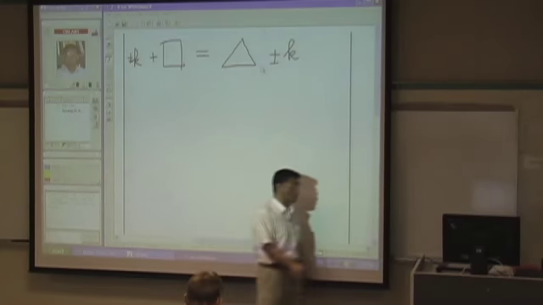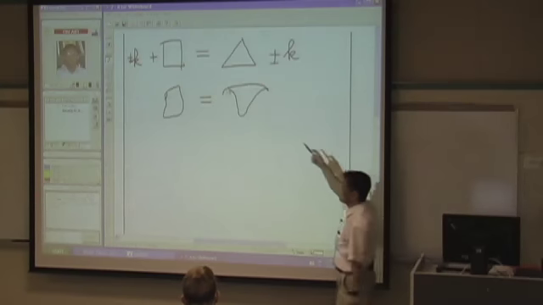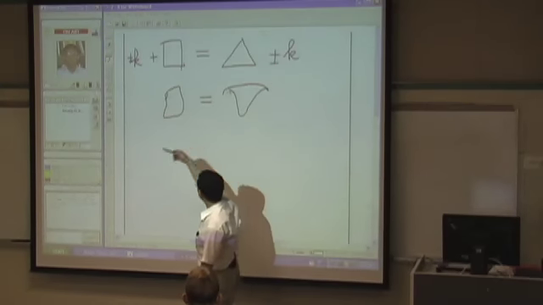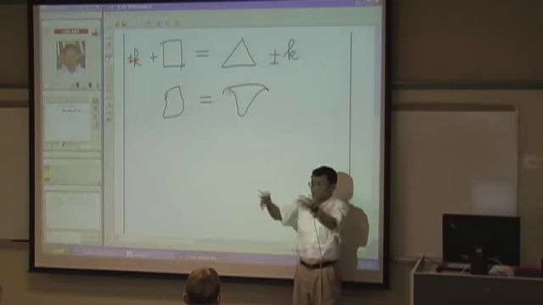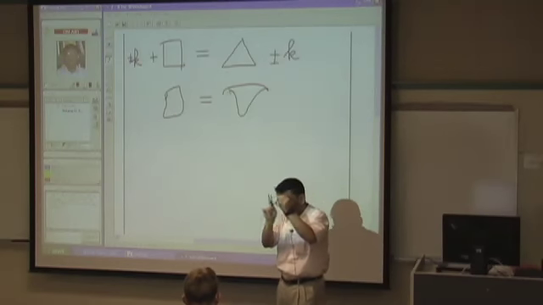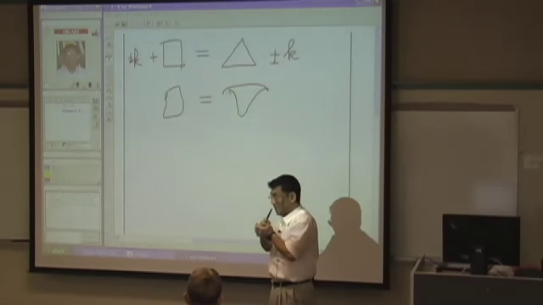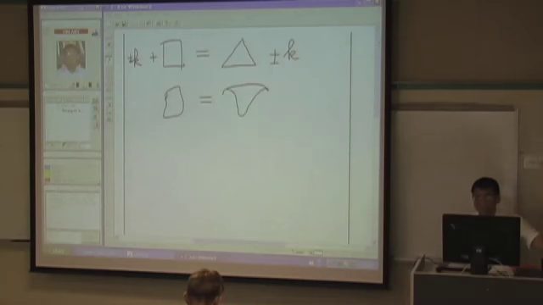And assume that we have two equalities. Then we can do anything to the top and anything to the bottom. Add, subtract. As long as we have the equality, we can do the same thing to both sides, because they are equal. This is very important to understand the following.